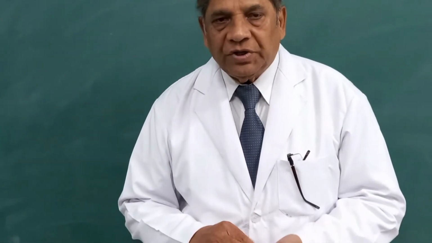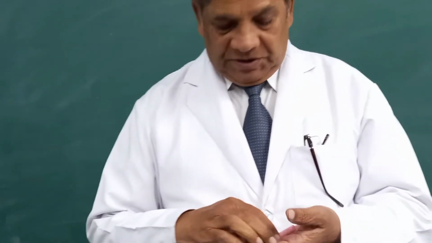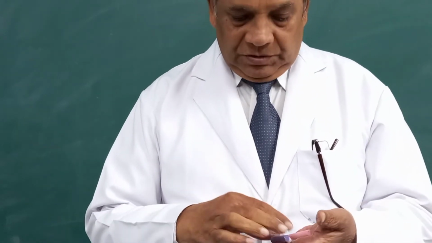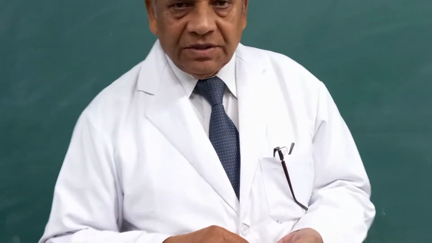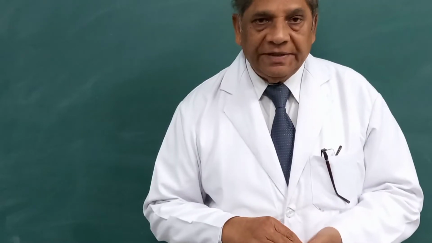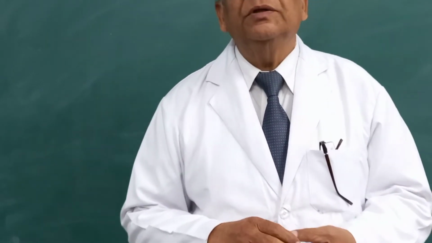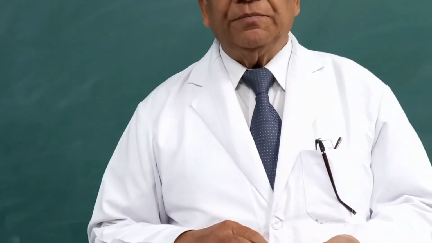Today I am going to tell you about the two specialized epithelium. You have learned about the classification of epithelium in the last class, where we have divided the epithelium as the simple epithelium and the stratified epithelium.